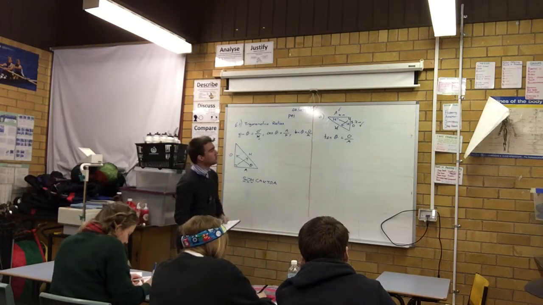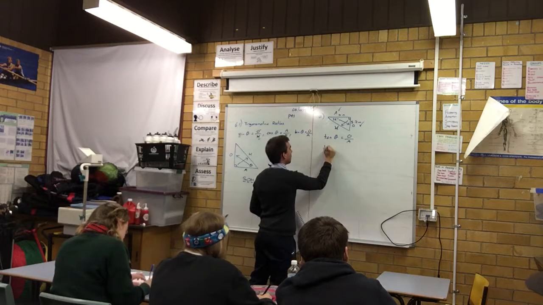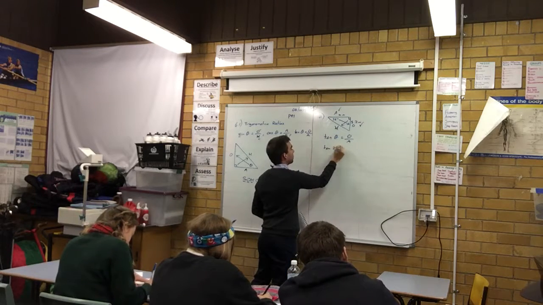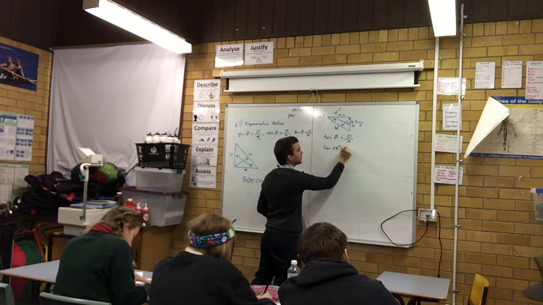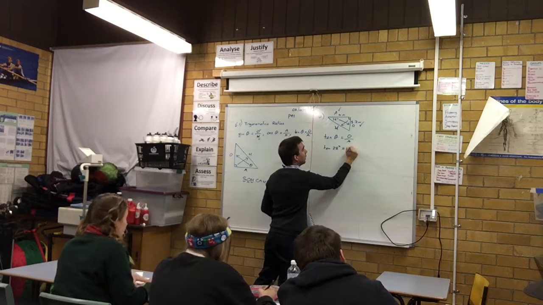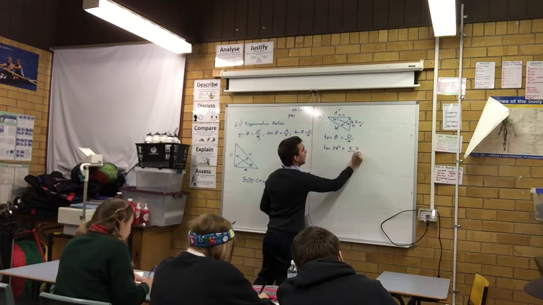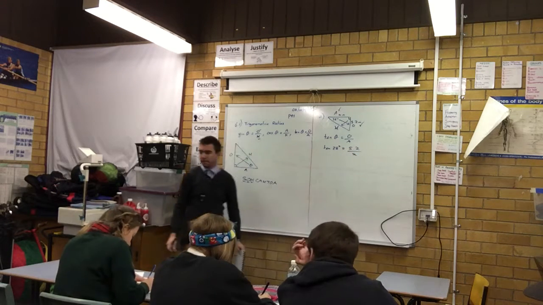Number 3, substitution. So tan of 28, where theta is the angle inside the triangle. Which of those two sides have been referenced? The opposite is 5.2 and the adjacent is x.